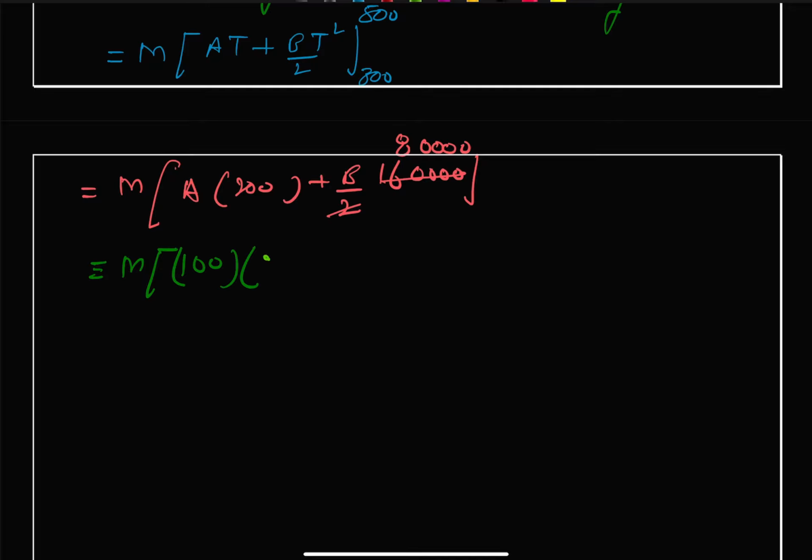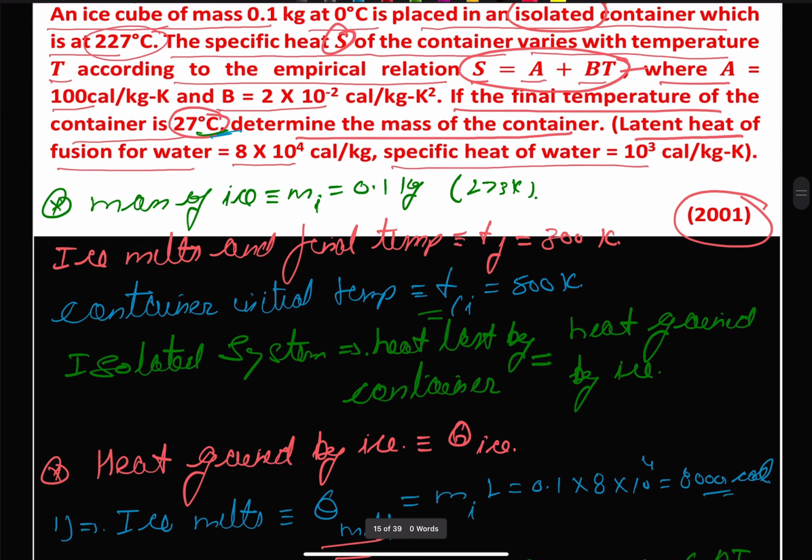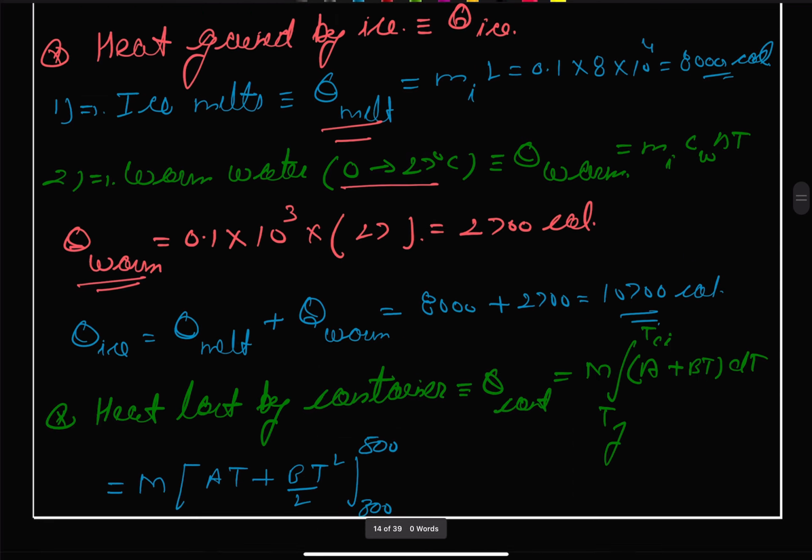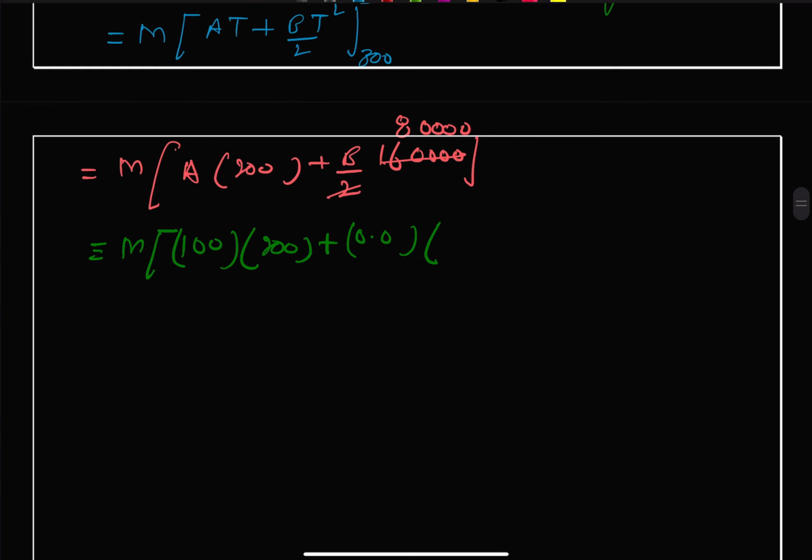This comes as multiplied by 200 plus B, which is given to us as 0.01, and 2 into 0.01 is 0.02, and multiplied by 80,000. And this entire thing, let me write directly, will be coming as 216,000 times M.